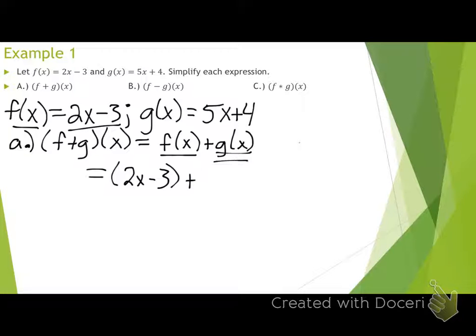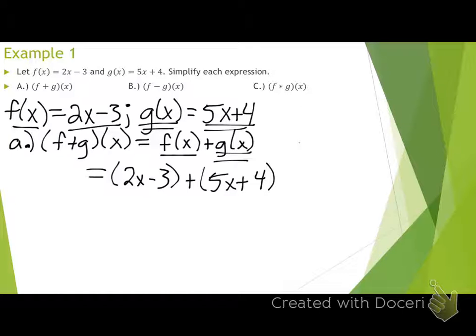What does g of x equal? It tells me g of x equals 5x plus 4. So what can I replace g of x with? 5x plus 4. Any confusion on what I've just done so far? Okay.